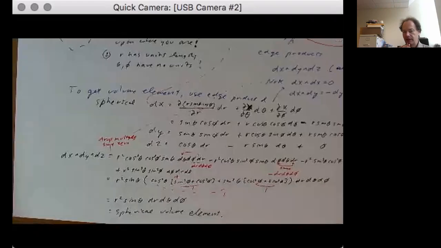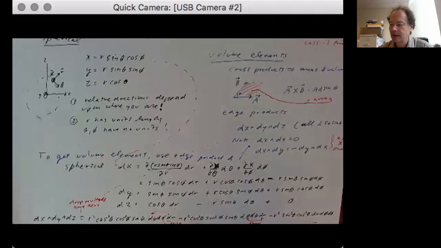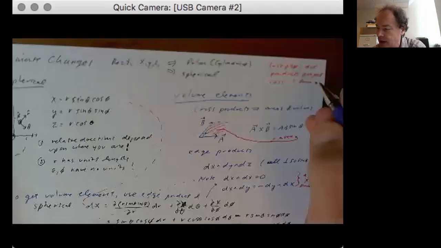Now there are some other things you're going to need besides the spherical volume element. By the way, you can do this for areas as well with the very same technique. It's a little time consuming, but it really gets you this idea of what a cross product means. Dot product is projection.